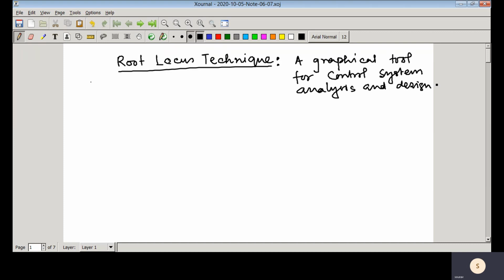This is actually a graphical presentation of the closed loop poles when a system parameter is varied.